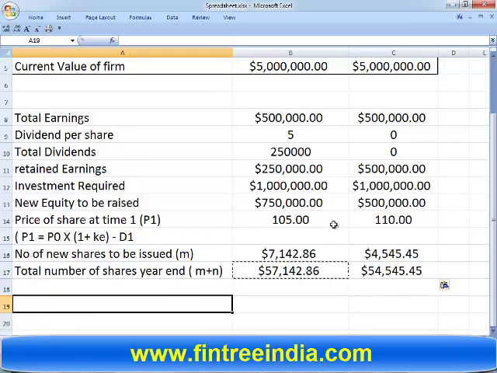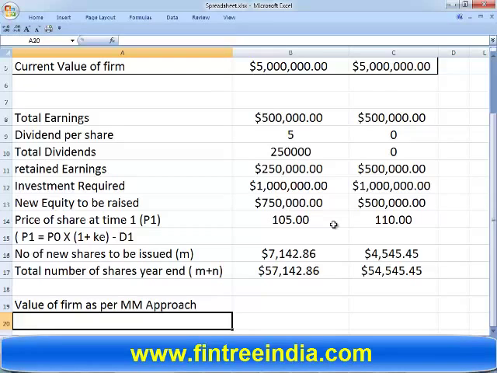And then simply the value of the firm as per the approach. This is where you have to write down the formula: N into P0 is equal to the formula that we had written originally.